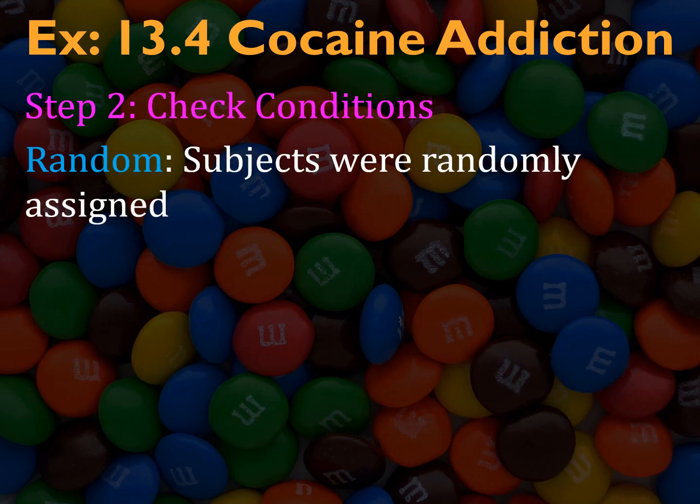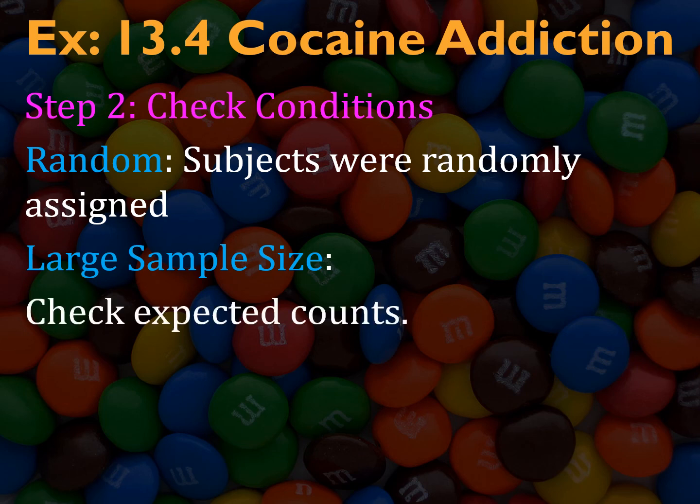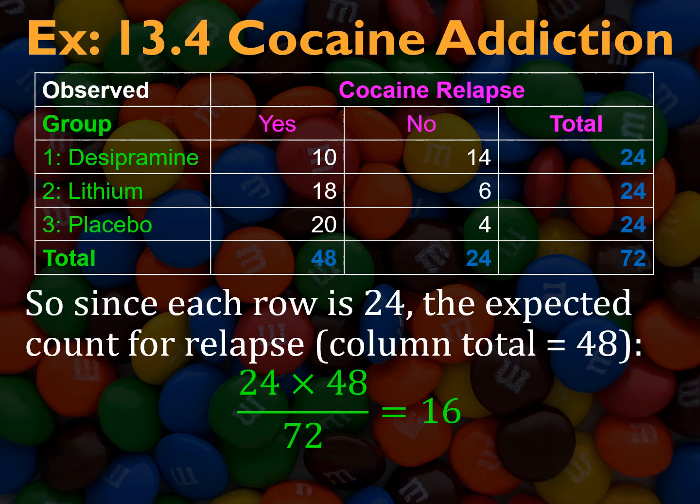Conditions: you are told the subjects are randomly assigned to one of the 3 groups. For the large sample size, we need to check the expected counts. So let's go ahead and do that. Since each row is 24, the expected count for each relapse is 16 because the column total is 48. For all 3 of these, the row total of 24 times the column total of 48 divided by the table total of 72 is going to be the same.